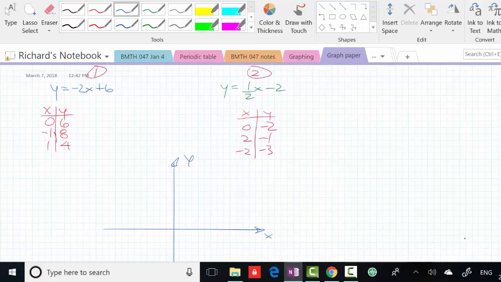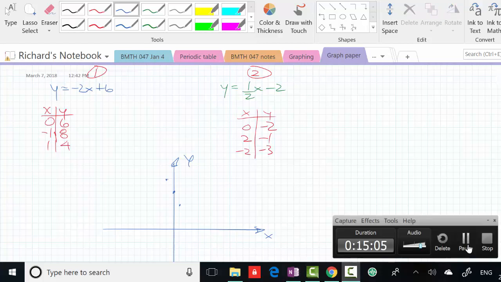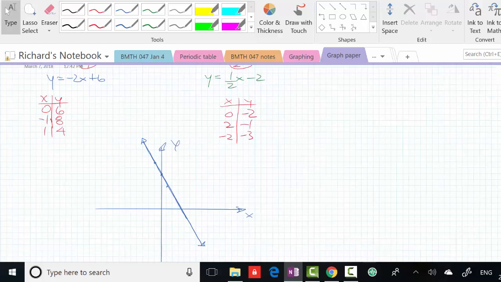So for equation 1, I'm going to plot the points. I've plotted the points for equation 1, and now I'm going to draw a straight line. So there is the graph of equation number 1. I'm going to label this graph y equals minus 2x plus 6.